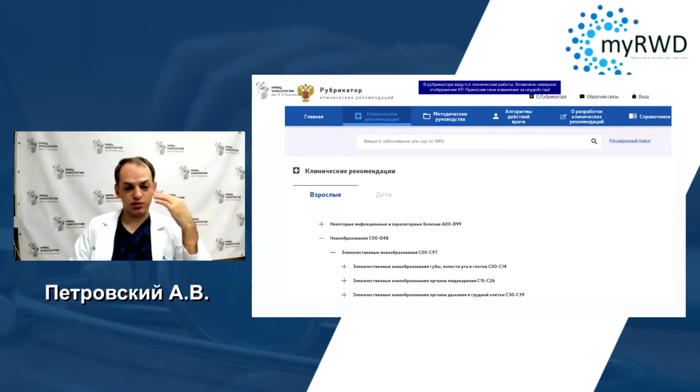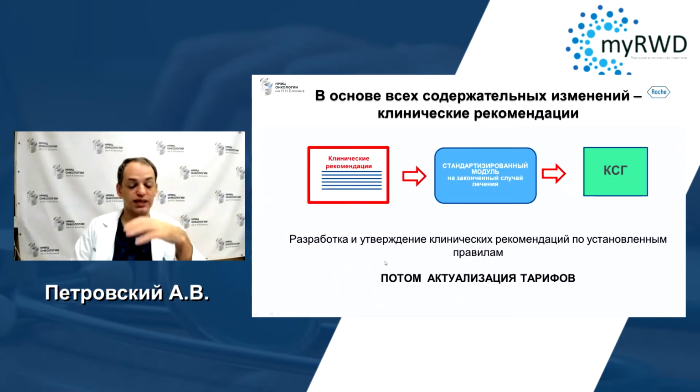Clinical guidelines in oncology are available. Oncologists were the first to establish clinical guidelines according to the requirements of the Ministry of Health. And this is probably the fourth version, and you can see it on the website of the Ministry of Health.